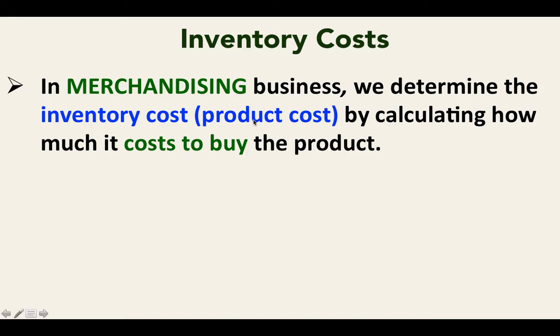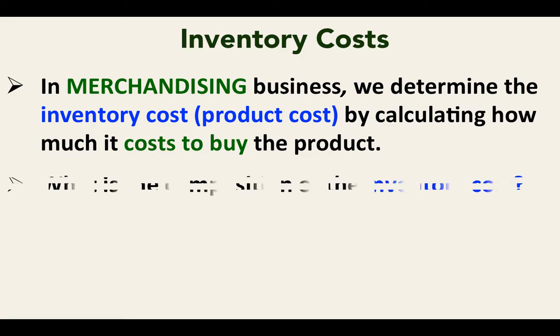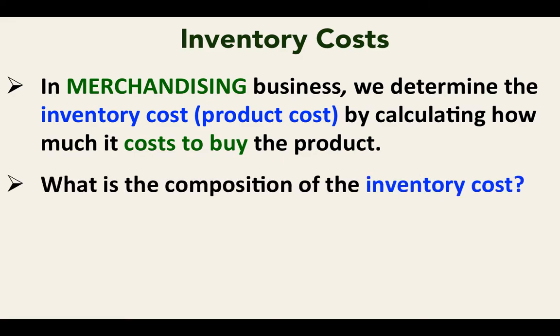Inventory cost is the product cost by calculating how much it costs to buy the product. Magkano ba natin binili yung product na ibibenta natin? That is the product cost. And the question is, what is the composition of the inventory cost? Ano-ano ba yung mga cost na dapat nating i-consider in determining the product cost?